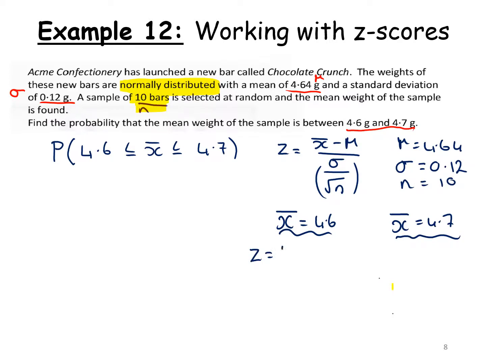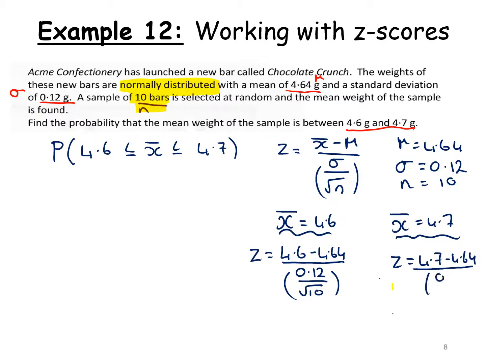So z is equal to 4.6 minus 4.64 all over standard deviation 0.12 all over square root of n. This one here is going to be z is equal to 4.7 minus 4.64 all over 0.12 over square root of 10, and we're going to get our two z-scores here.